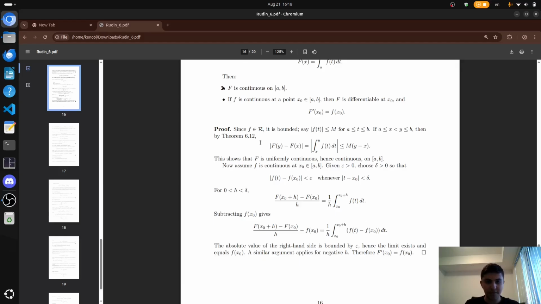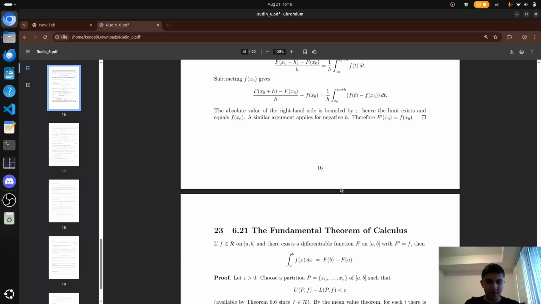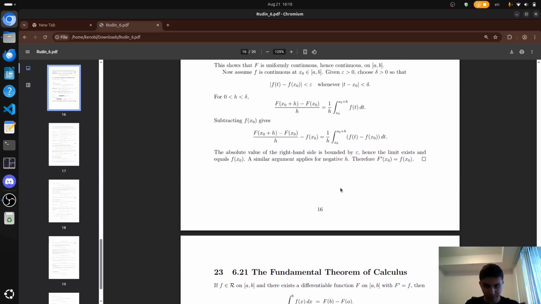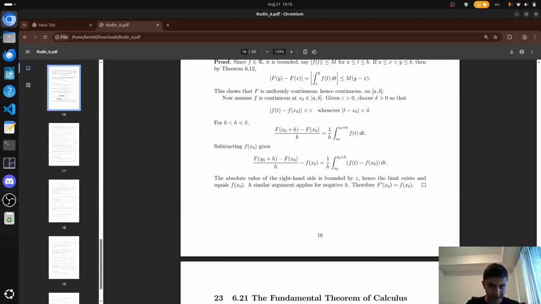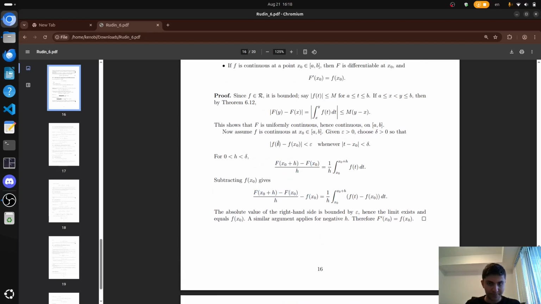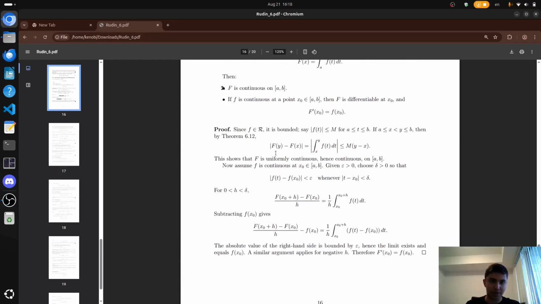Let's read the proof now. The strategy, as you can see here, is using the fact that this thing over here is equal to this thing over here, and relating this to the derivative somehow. So let's read the proof and I'll explain the strategy more precisely later.